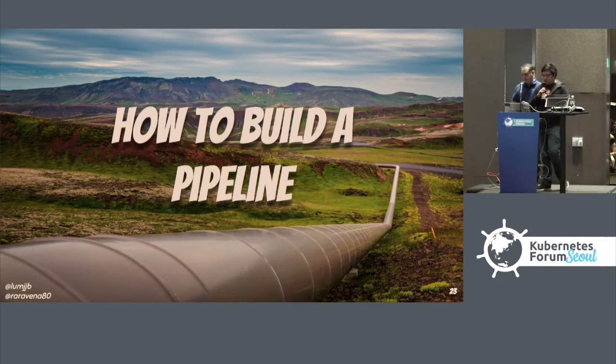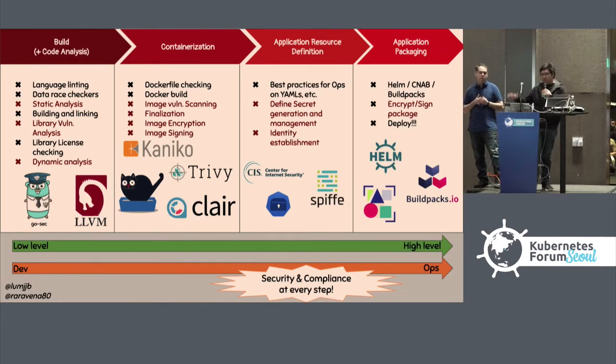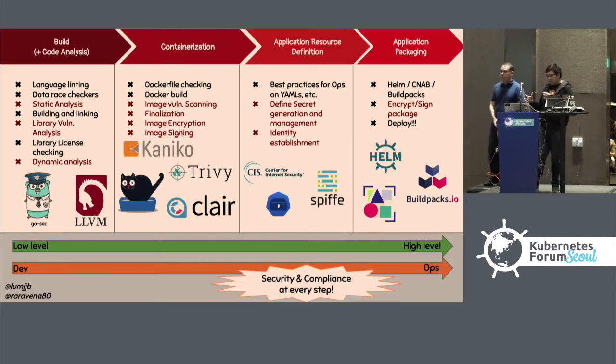All right, so how do we build a pipeline? In the example that we have here, we've split it down into four different categories. Something you'll notice is that when you go from left to right, it goes more from dev to ops. The first phase is the build phase. This is where you take the code that you've written in the application language, and you run all the language-specific things: your linters, your checks, data races.